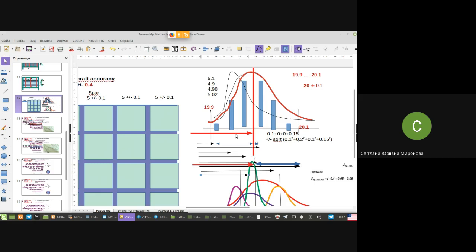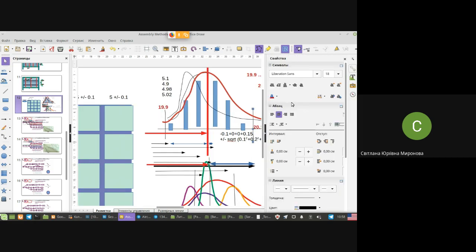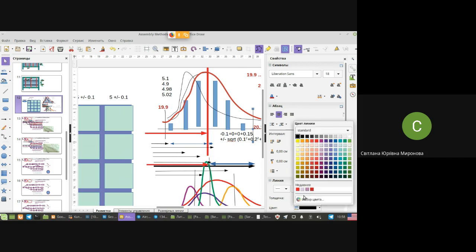And next you are counting how many sizes you have in that or another range. The whole tolerance is here, one line and another line. Actually, these lines are also supposed to be red for us, because they are red limits.